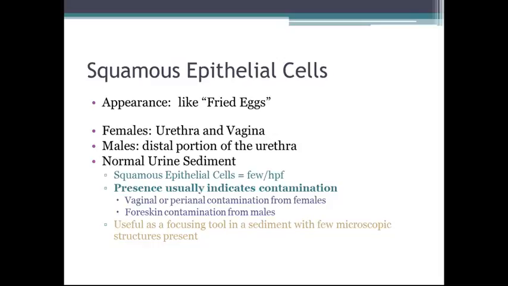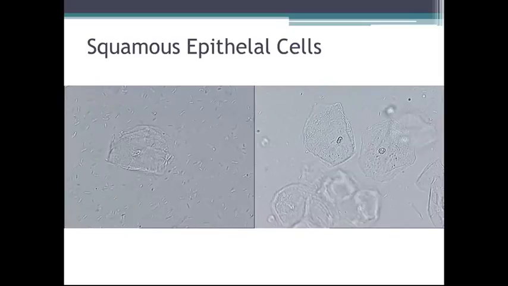The presence usually indicates contamination of the urine specimen from the vaginal or perianal areas of a female or the foreskin of the male. It is useful, though: we usually use the squamous epithelial cells as a focusing tool in sediment with few microscopic structures present. So here's a picture of the squamous epithelial cells in this picture, and also in this picture.